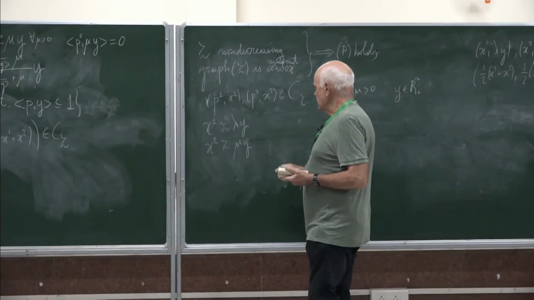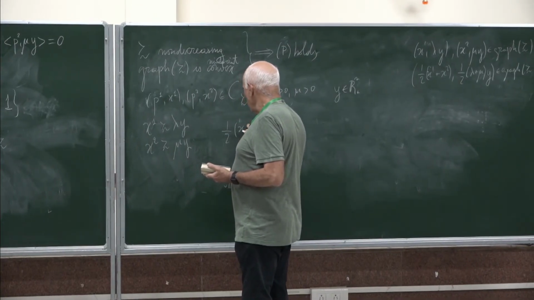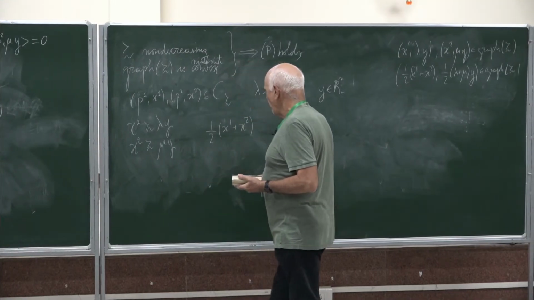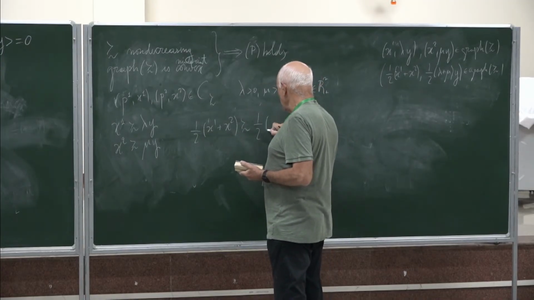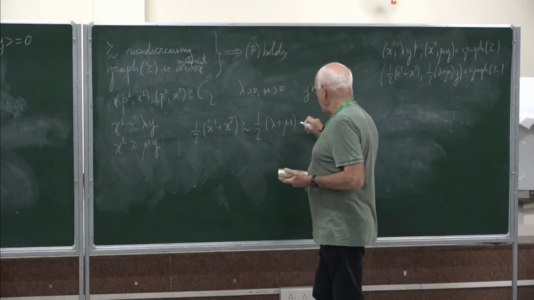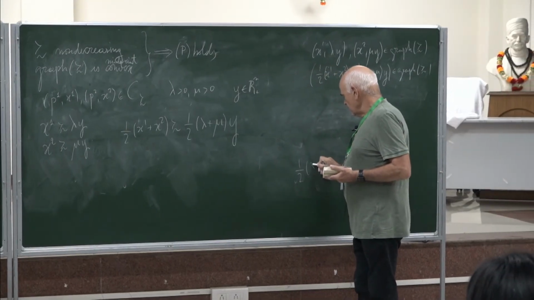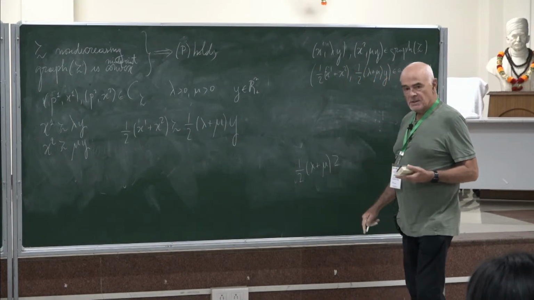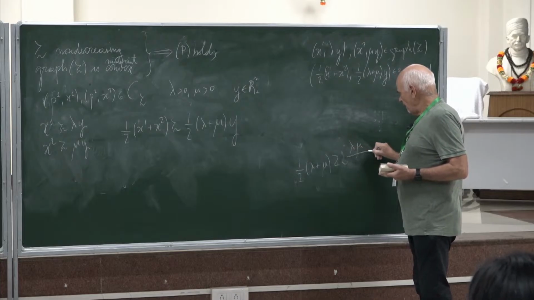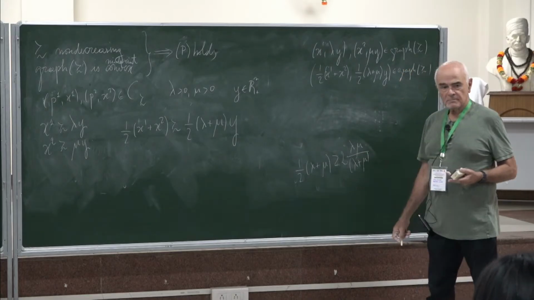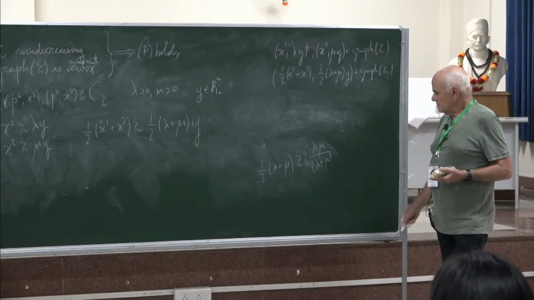So these conditions imply that 1/2 (x1 plus x2) is preferred to 1/2 (lambda plus mu) y, but 1/2 (lambda plus mu) is greater than or equal to twice lambda mu divided by lambda plus mu. Okay? As is easy to check.